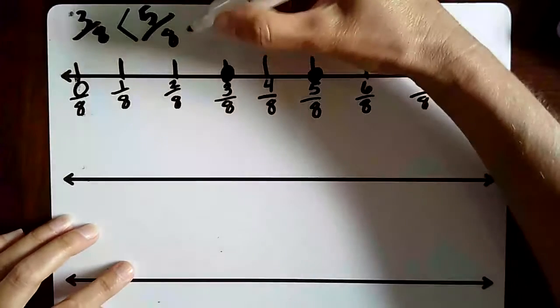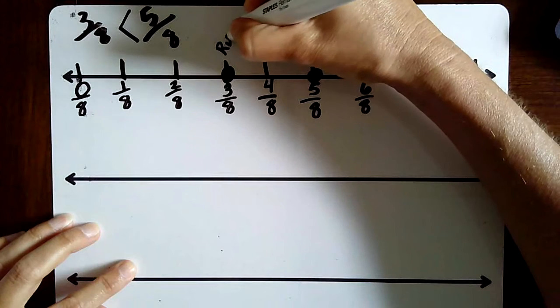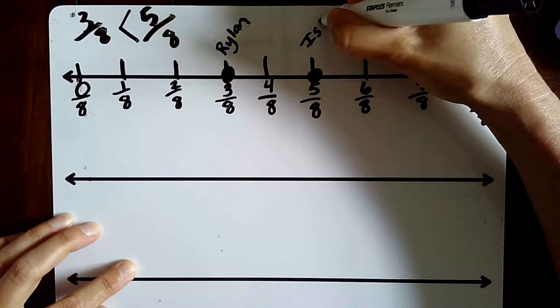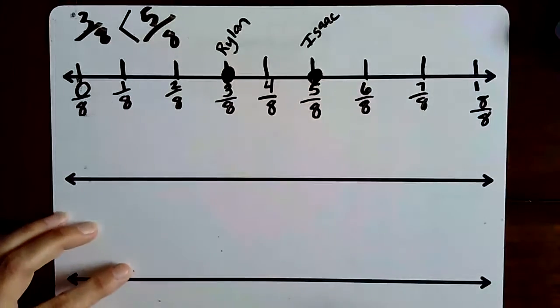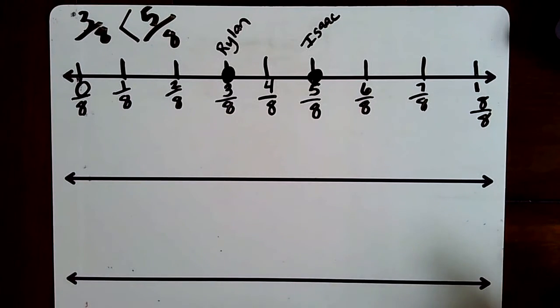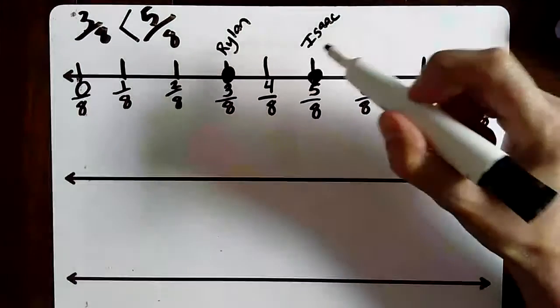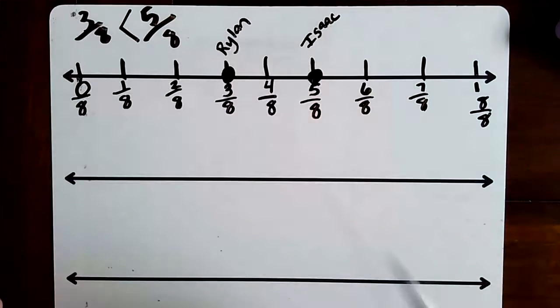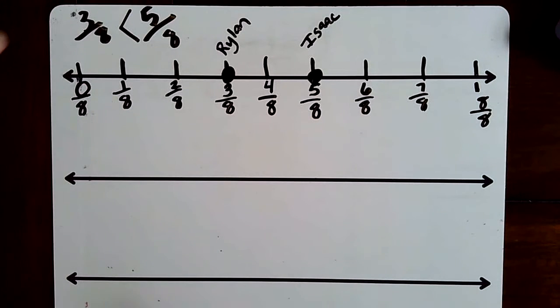Let's label their names there because I know they're watching this video. Rylan and Isaac. And we could say which boy went farther on the trail, and we could see that it's Isaac. He went farther with 5/8 of a mile. Rylan stopped at 3/8 of a mile. So 3/8 is less than 5/8.